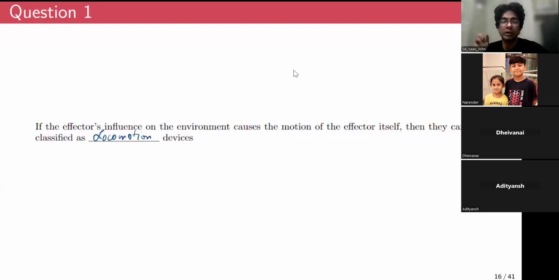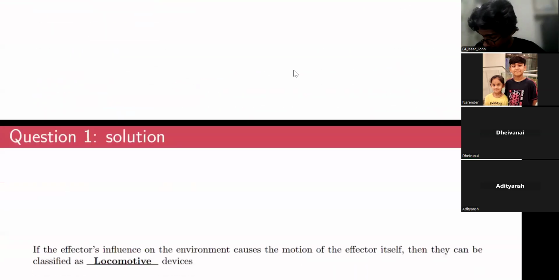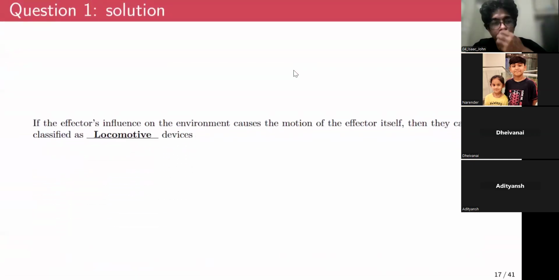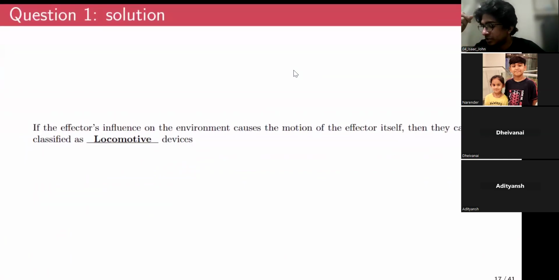Locomotive devices. So you can expect these sort of fill in the blanks questions for your quizzes. The answer is indeed correct, it's locomotive devices. But most probably you wouldn't worry too much about fill in the blanks, because you can get fill in the blanks for numerical questions.